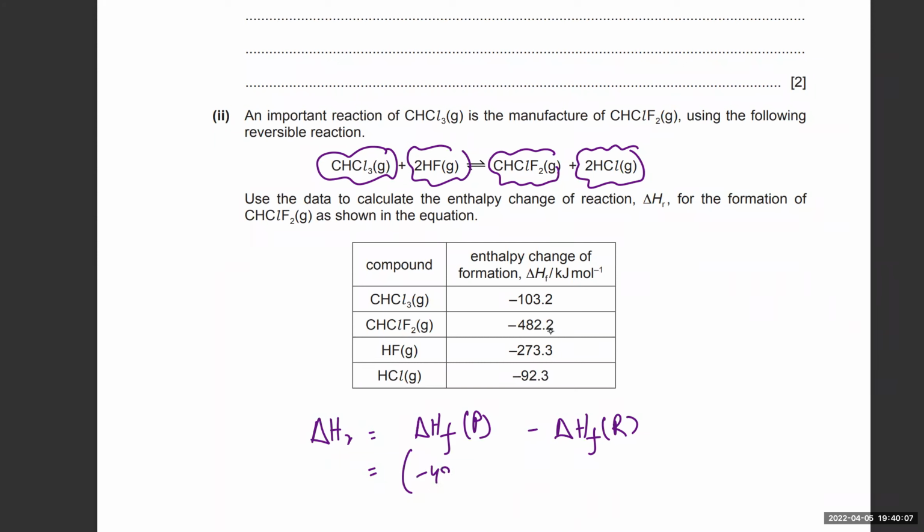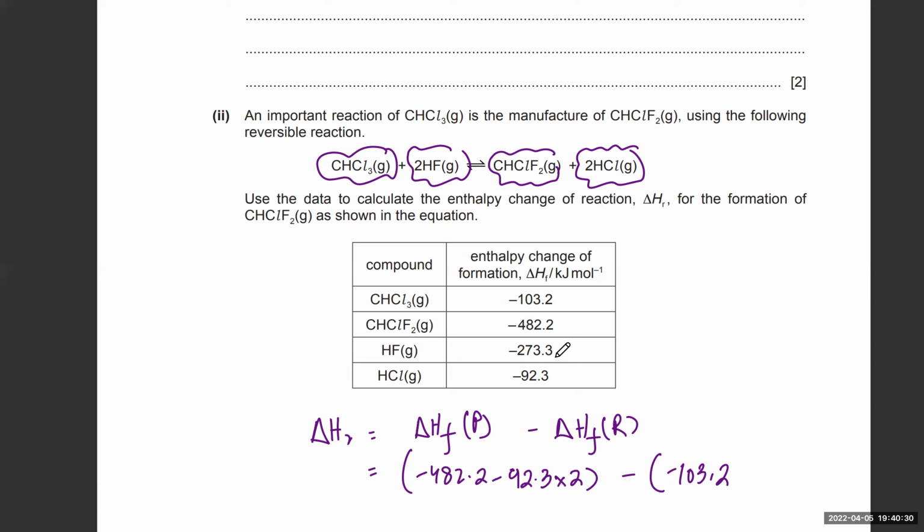Use brackets so that you don't mess up the signs. This one is HCl as minus 92.3. That's going to be multiplied by 2. Minus the reactant, which is CHCl3, that is minus 103.2.